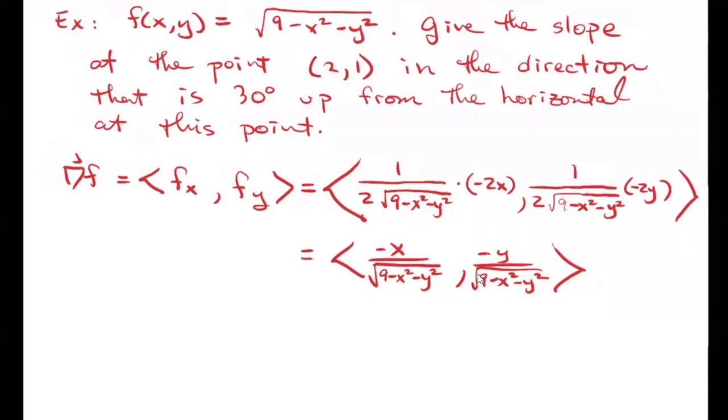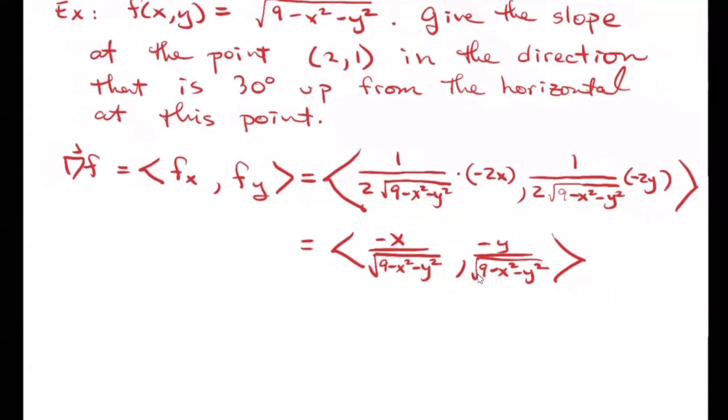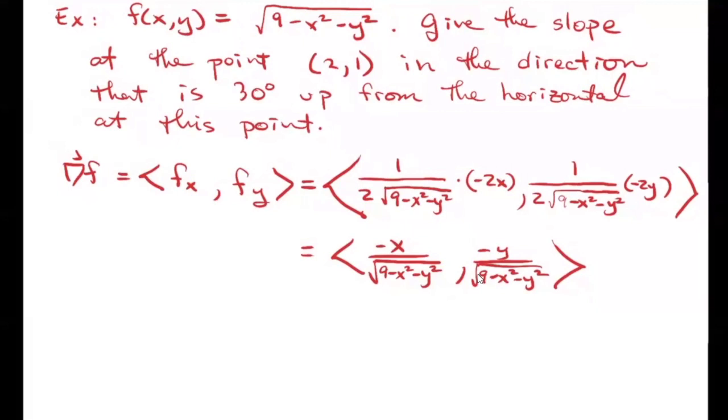So that's easy enough. We will need to evaluate the gradient at our point. So the gradient of f at the point 2, 1. So this will be negative x, so that'll be negative 2 over the square root of what? So it'll be 9 minus 4 is 5 minus 1, the square root of, okay.